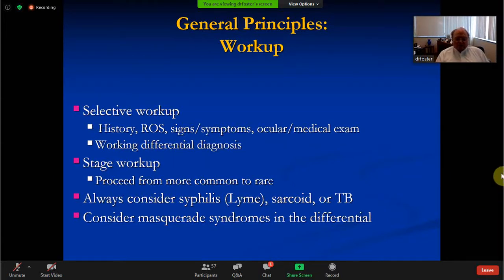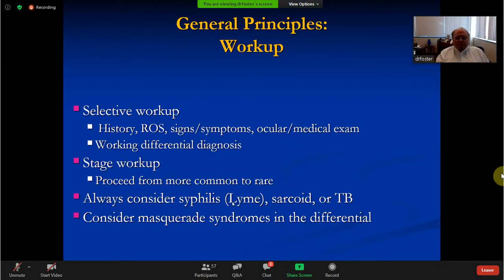I always get not just a VDRL, but also an MHATP or an FTA-ABS on every patient with uveitis. Every patient with uveitis gets screened for having occult syphilis. Syphilis can cause uveitis. It does so commonly, and to miss that would be a huge mistake.